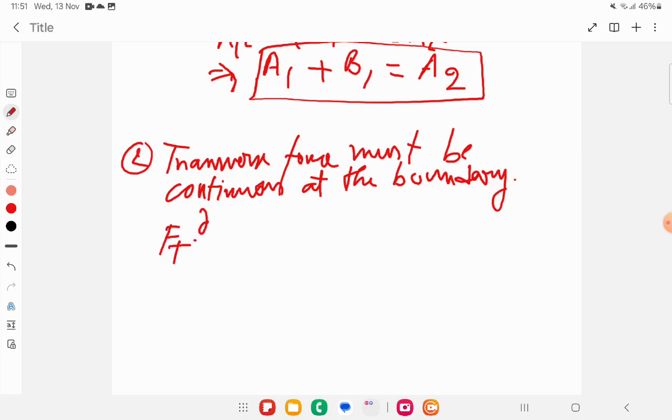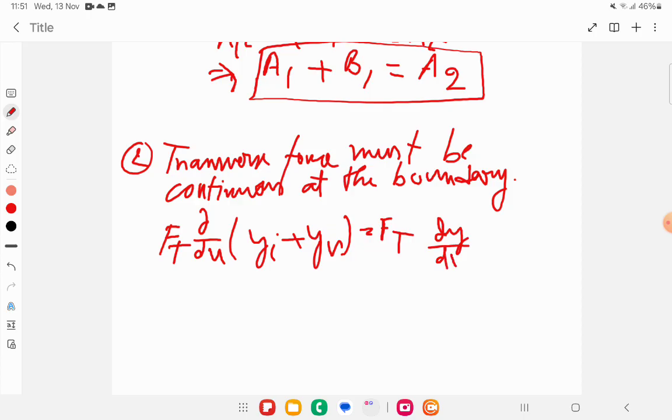Ft d by dx of (yi plus yr) is equal to Ft dy by dx of yt at x is equal to 0.